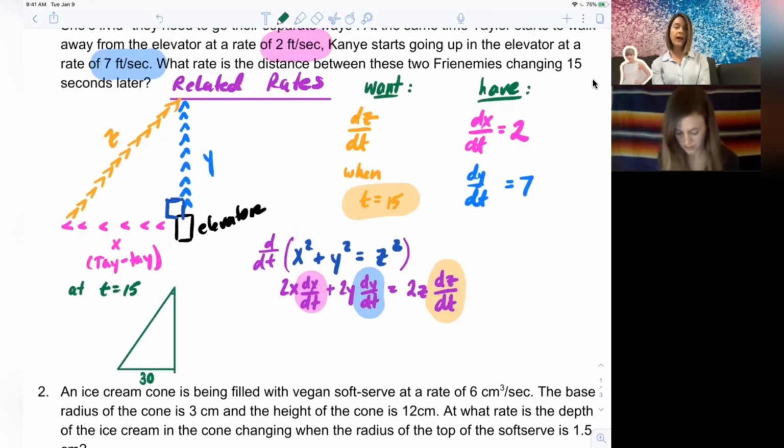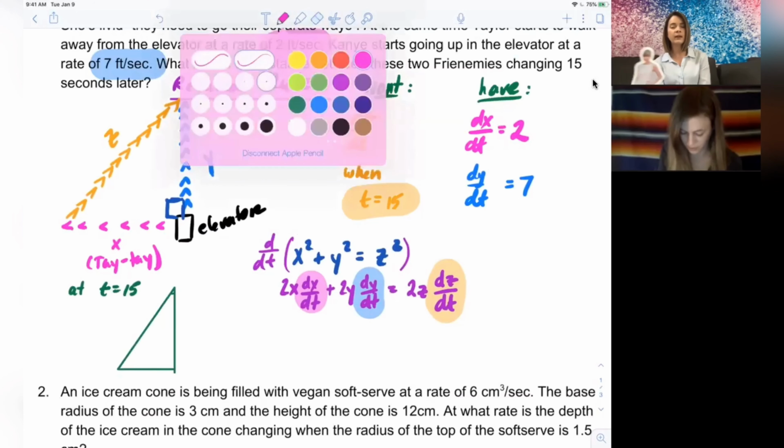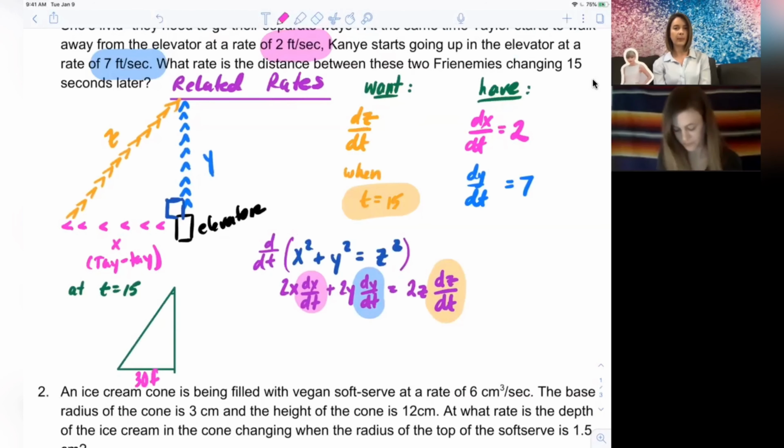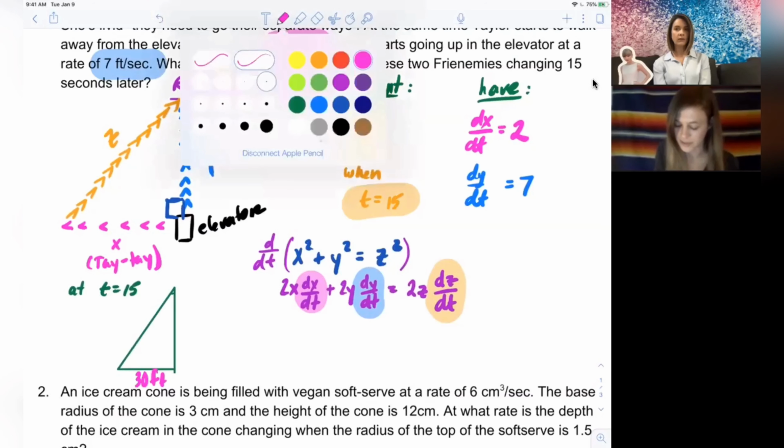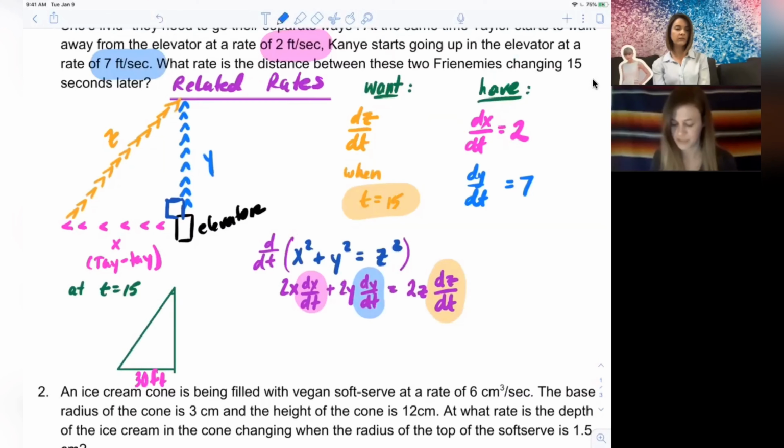Agreed? Yeah, we're using distance equals rate times time. So she's gone 30 feet. And how far has Kanye gone at 15 seconds? 7 times 15, which is 105, right?